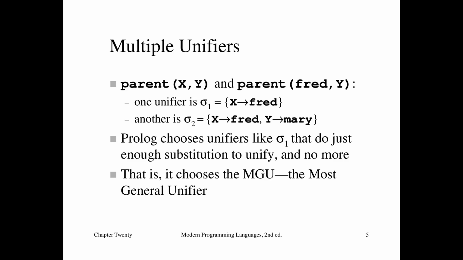Prolog will only substitute enough to make a unification occur, so it chooses the minimum, what we'll call the most general unifier. The more detail you have, the more specific it becomes, and Prolog prefers the most simple, more general unifier.